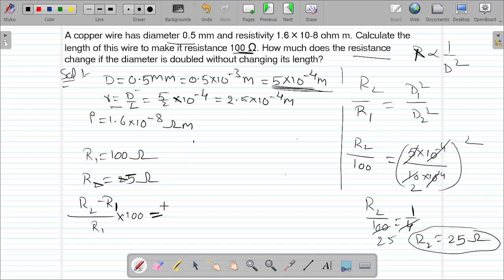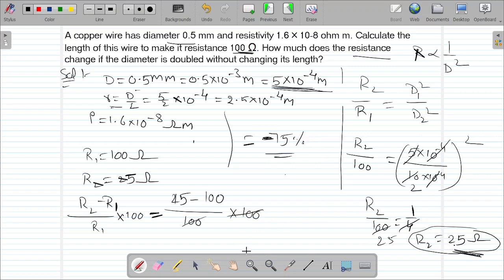R2 is 25 minus R1 is 100, by 100 into 100. So 100 gets cancelled. It is minus 75 percentage. That means minus represents it decreases, plus represents increases. So as it is minus here, 75 percentage decreases. So the resistance is 25 ohms. Okay.